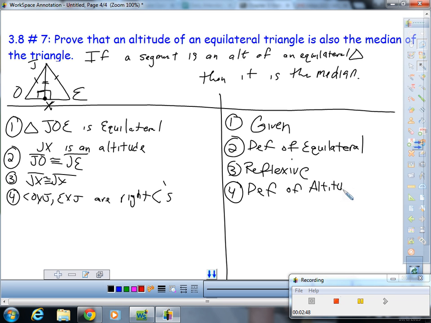Okay? So now what can I say? Triangle JOX is congruent to triangle JEX, with the reason being HL postulate.